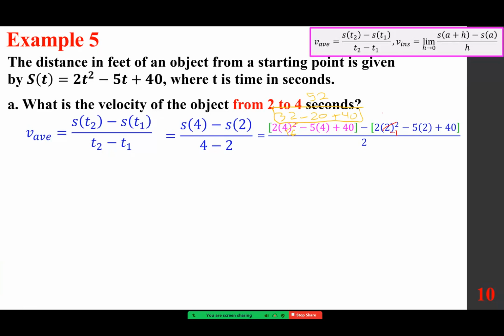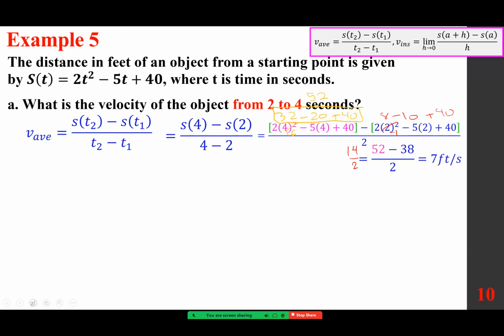So we have 8 minus 10 plus 40. So that makes it 38. So we have 52 minus 38 in the numerator, which is 14 over 2 or 7 feet per second.